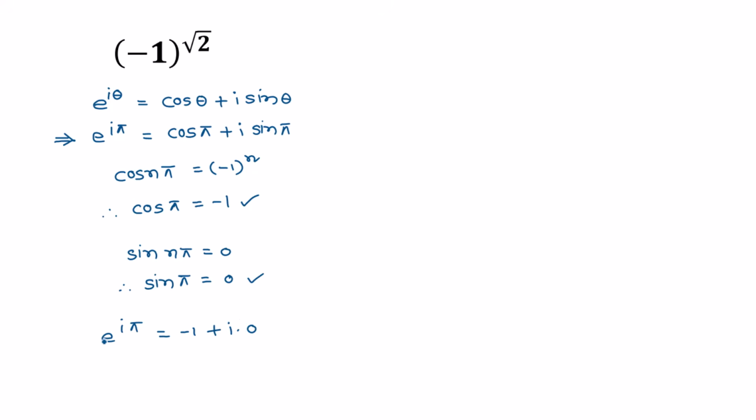So we will get e to the power i pi is equal to -1. So e to the power of i times pi is equal to -1.